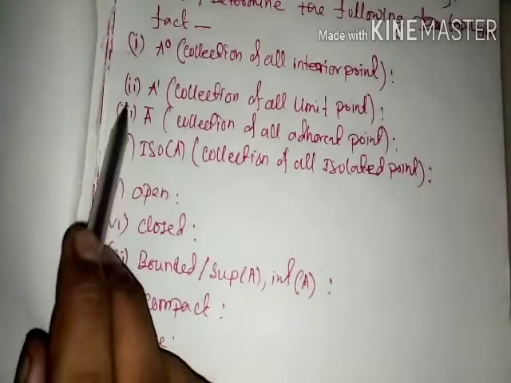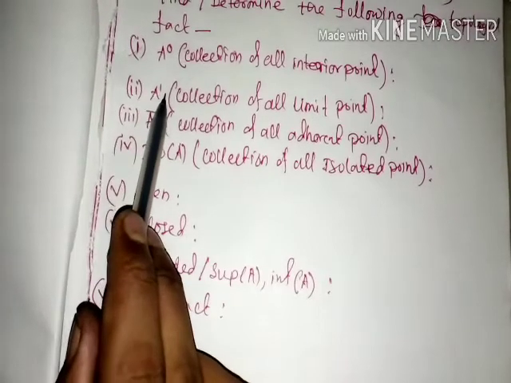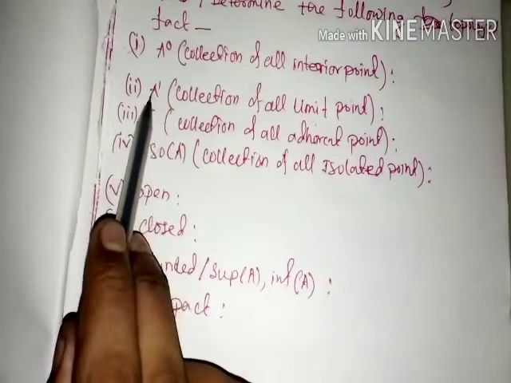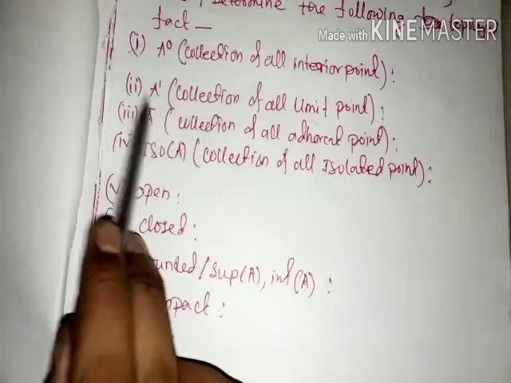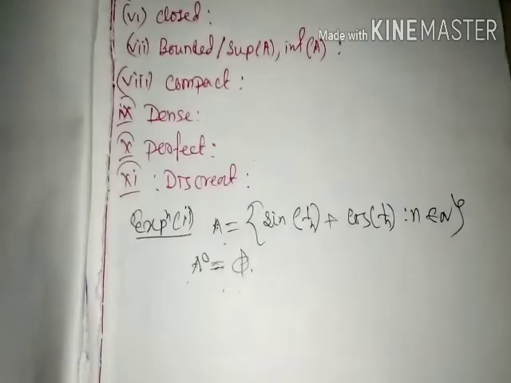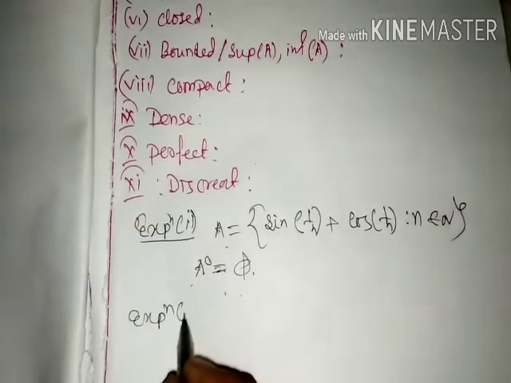Next we see option 2, A dash, the collection of all limit points. Actually this is known as the derived set. Now we find this for this set. Explanation of option 2.